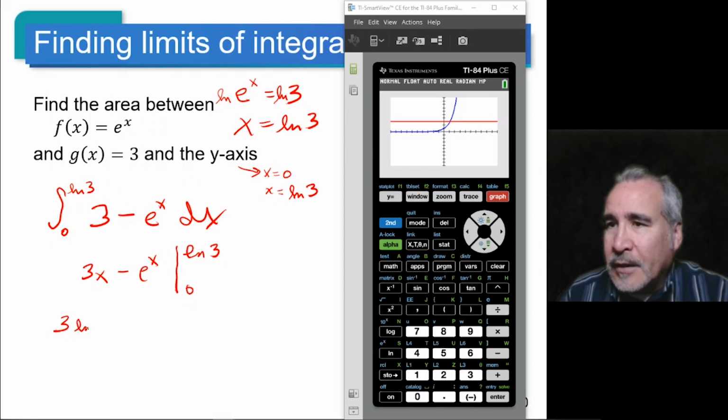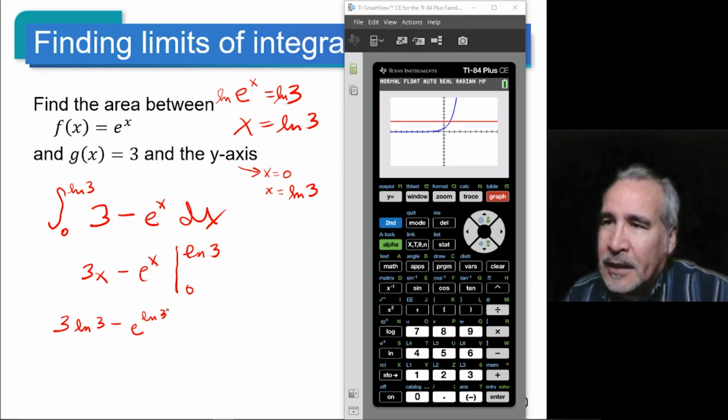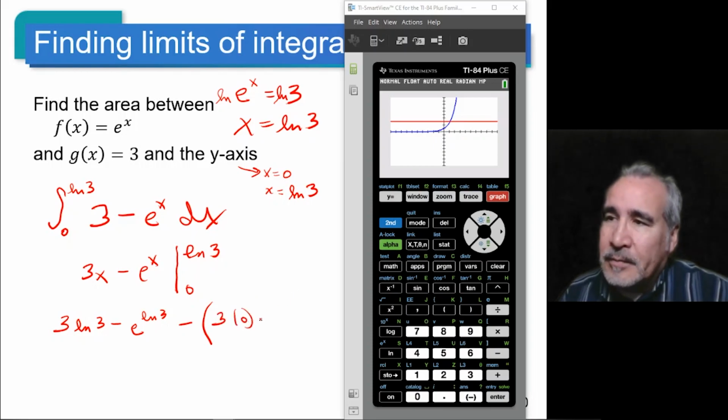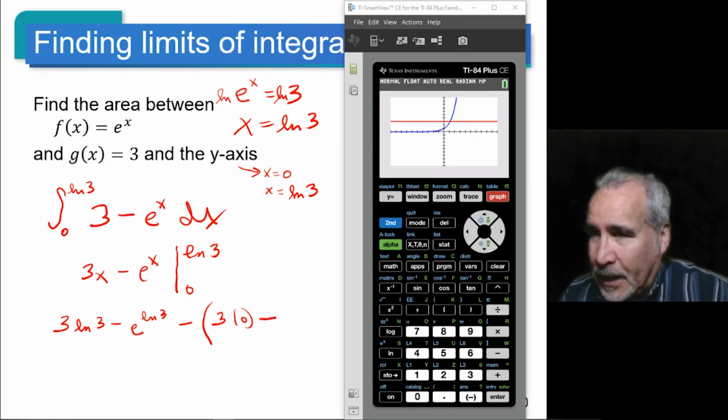So this is 3 natural log of 3 minus e to the natural log of 3, and this will be a nice pretty number. It'll just be 3. And then we subtract off, put the parentheses, what we get when we plug in 0. So 3 times 0, that's going to be 0, minus e to the 0.